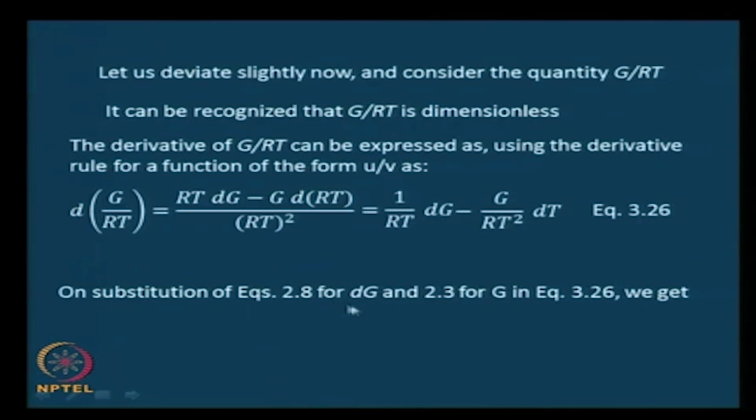In other words, we are going to use equation 2.8 for dG and 2.3 for G. You do not have to go back and check, these equations will come back to you when I substitute them.